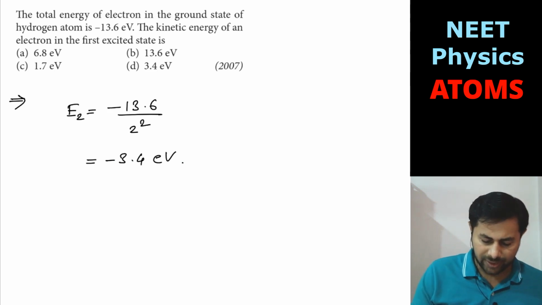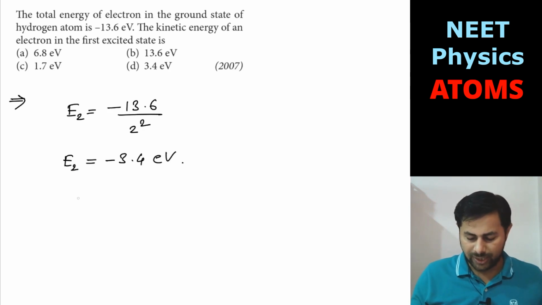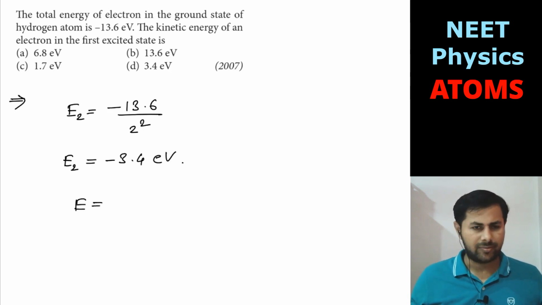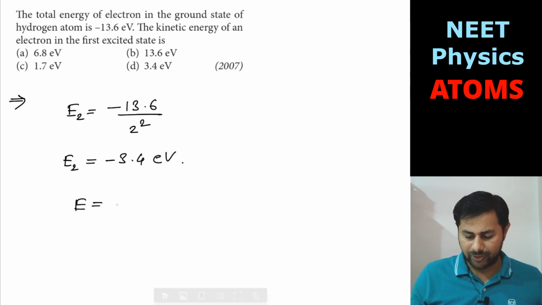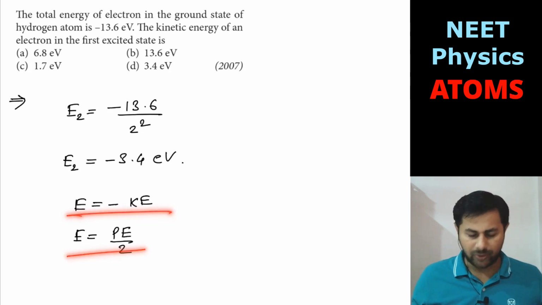So this is the energy of the electron in the first excited state, or second orbit. Then we have the relation between total energy, potential energy and kinetic energy. So we know energy is equal to the negative of the kinetic energy, and it is just equal to the potential energy divided by 2. So we need to remember these equations forever.